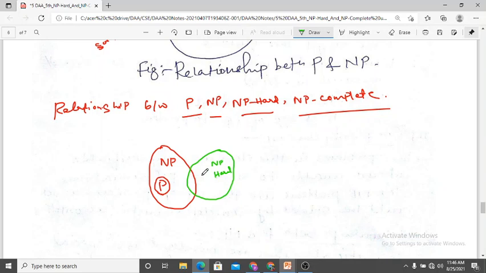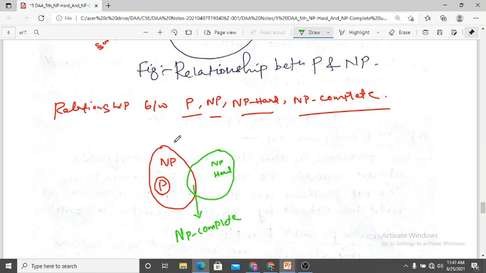But when you come here, what is the intersection between these two circles? This one is NP complete.